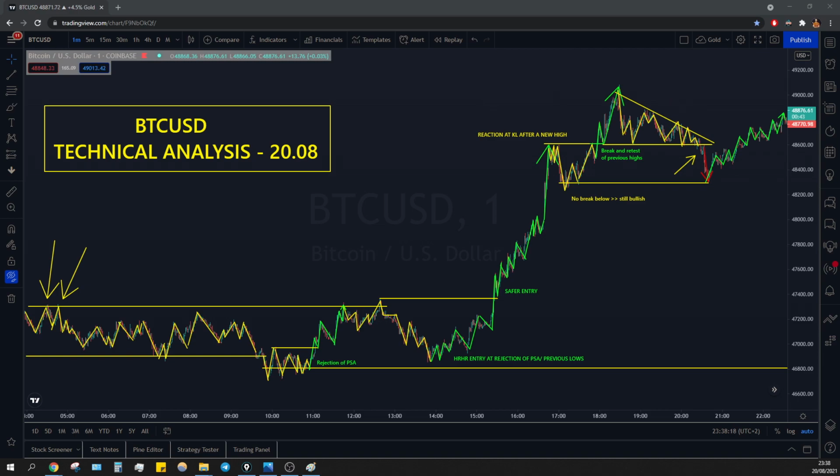Now you can identify a wedge against a key level, slash previous highs. As you can see, there's seller pressure here, red.